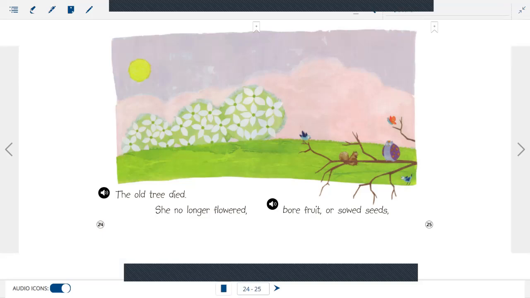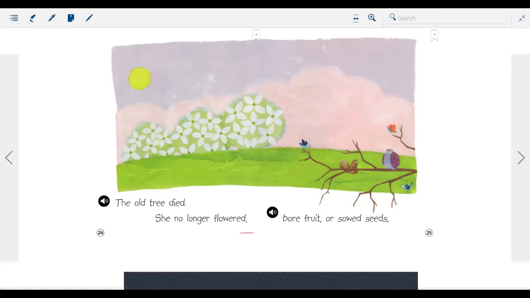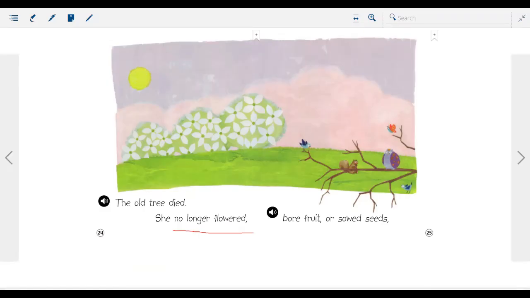So what's the main topic on these pages? The old tree died. And what details tell about the main topic? Well, the tree no longer flowered and it no longer bore fruit or sowed seeds.